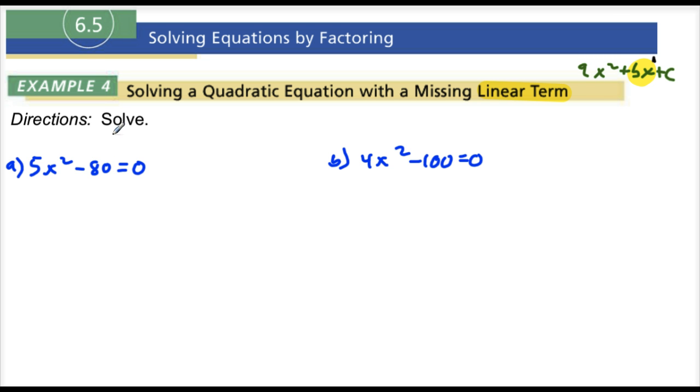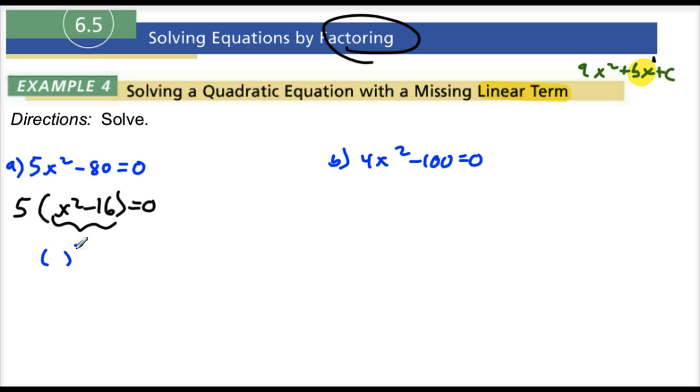Let's solve this by using factoring, because that's what this chapter is all about, but I'm going to show you another way as well. If I solve this by factoring, I notice both of my terms have a 5 in common, so I factor out a 5. Now we can factor this by difference of squares, meaning I have a minus sign in the middle and I can write both terms as squares.